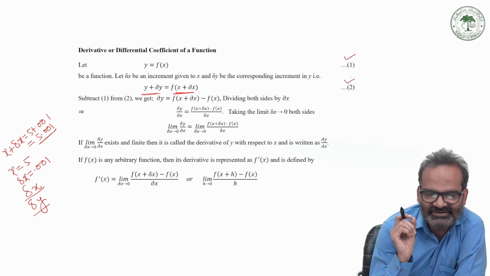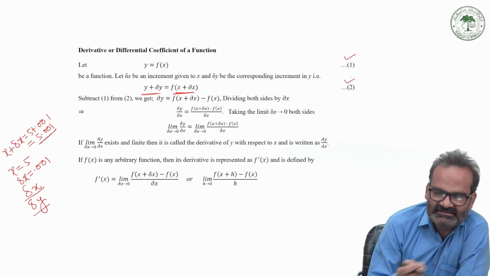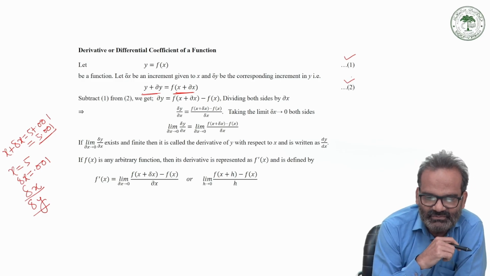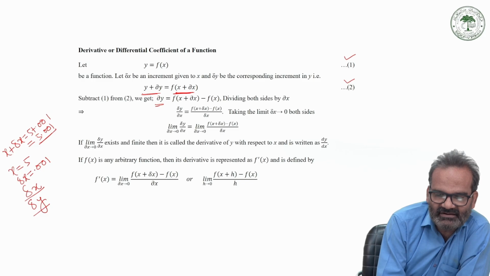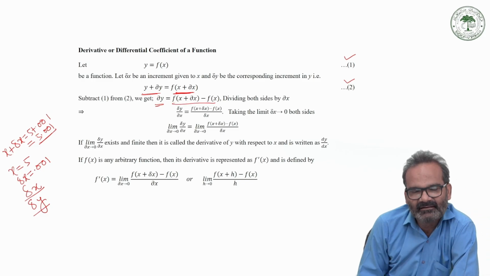Now, from these two equations, we will proceed further. Subtract equation 1 from equation 2. What you will get? y plus delta y minus y. y and y will be cancelled out. What is left? Delta y is equals to f(x plus delta x) minus f(x). This equation we will get, right?